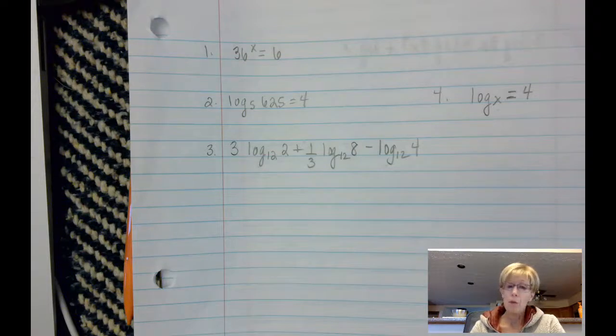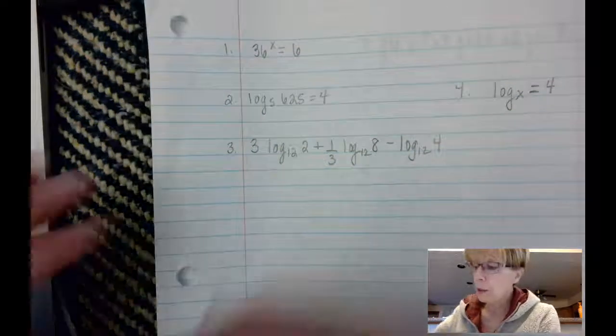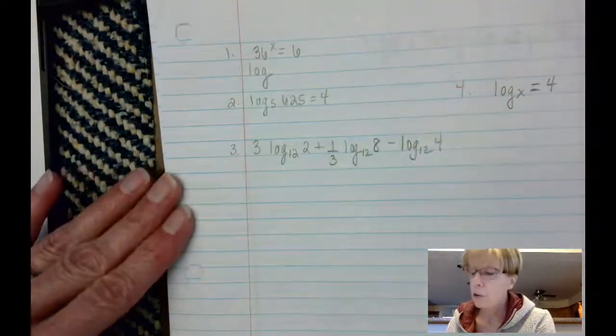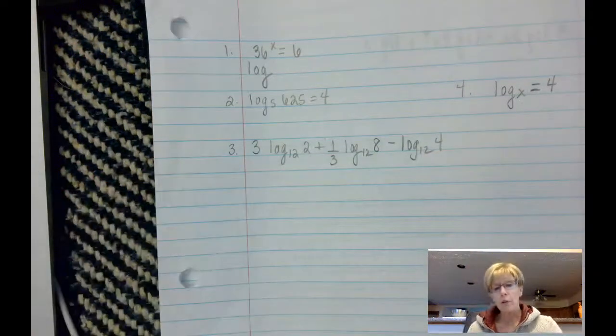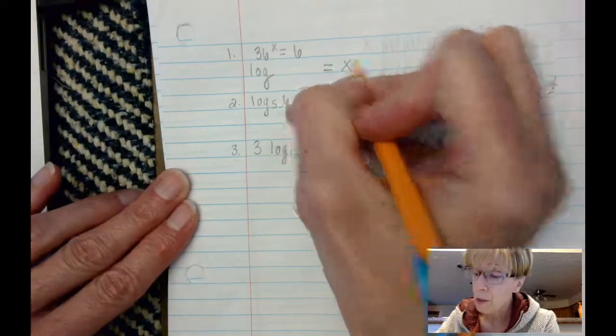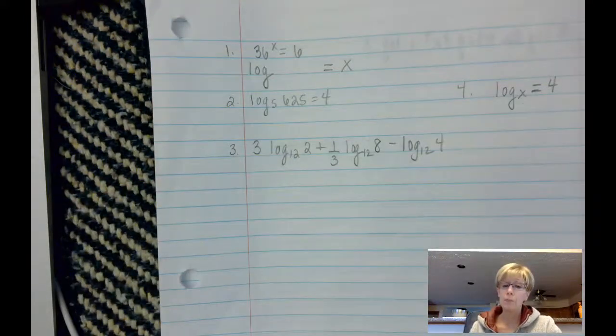So first of all, number 1, what we're doing is we're rewriting 36 to the x equals 6. So all that we have to do is we're gonna rewrite it as a logarithm. So it's going to be log. And the thing about logarithms is that all they are is another way of writing an exponent. So the exponent in this problem is x, so it's going to equal x.